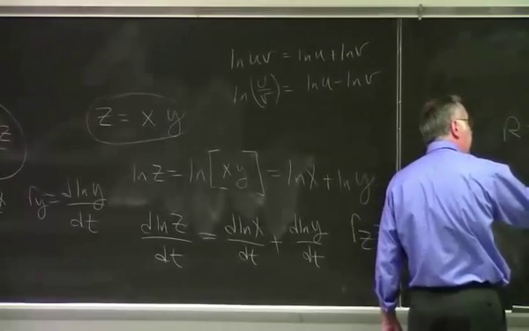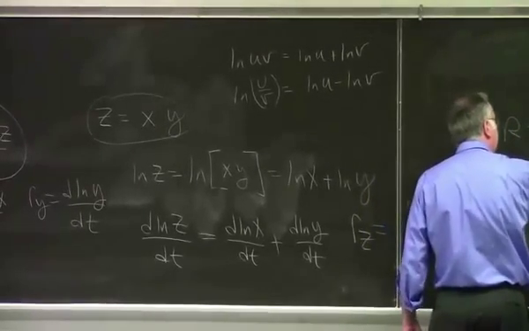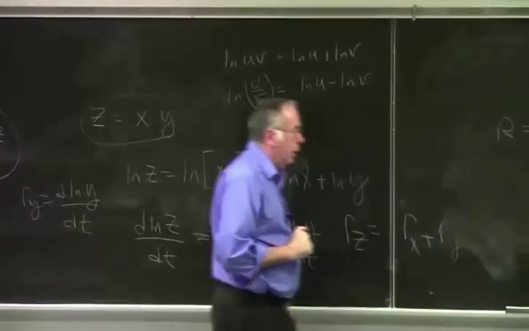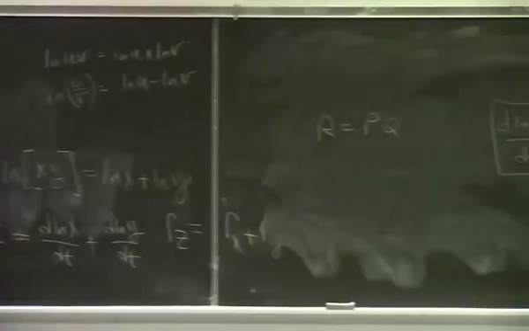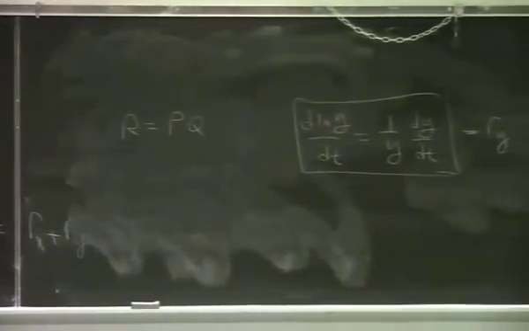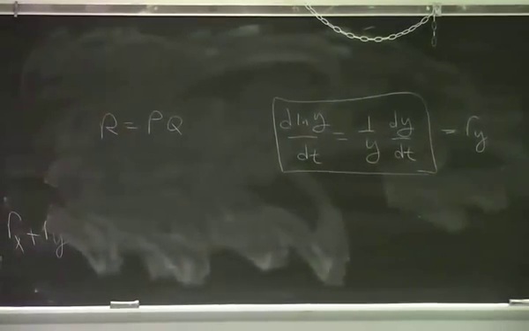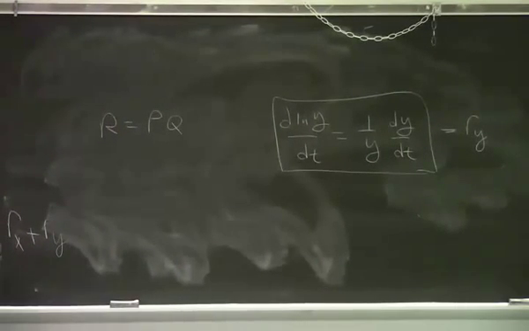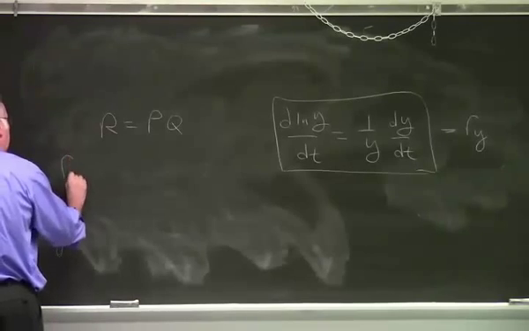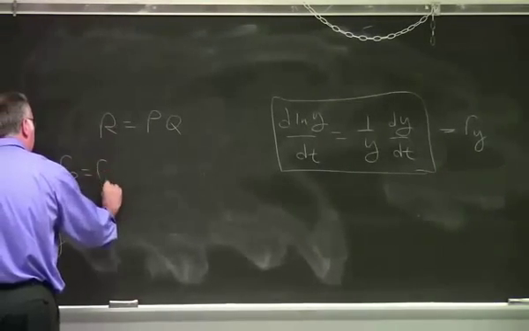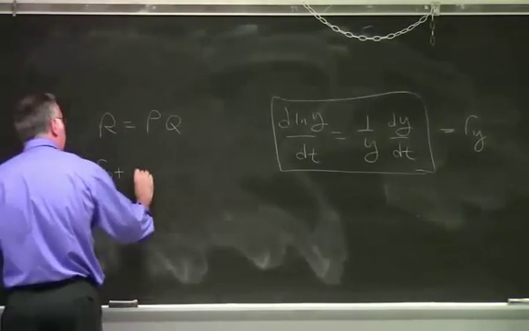Total revenue is by definition price times output. So the growth rate in total revenue is going to be the growth rate in prices plus the growth rate of output.